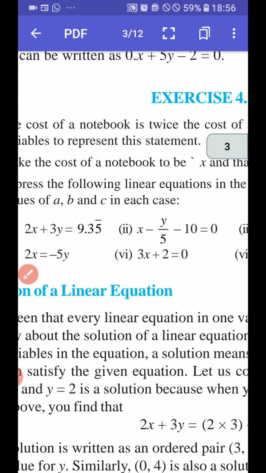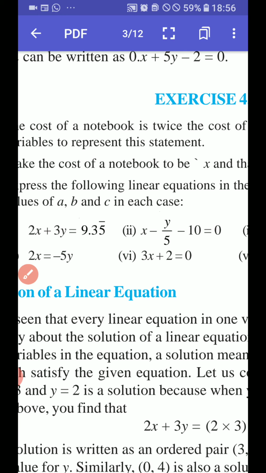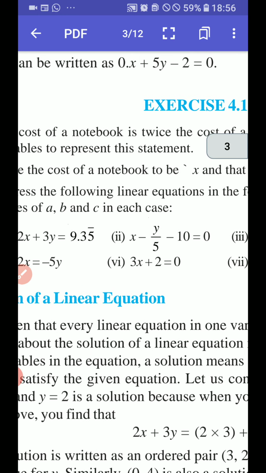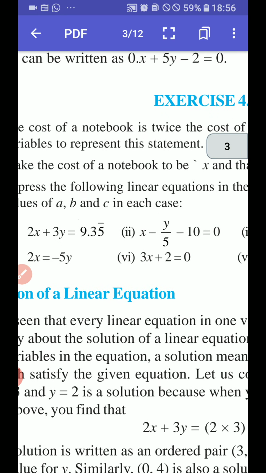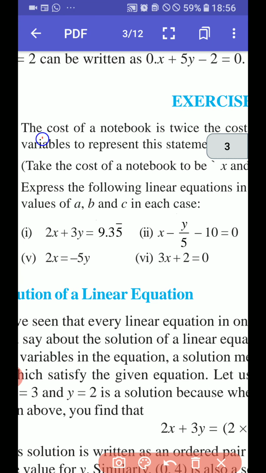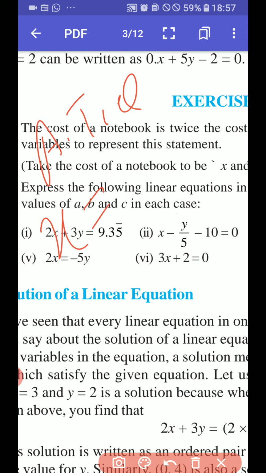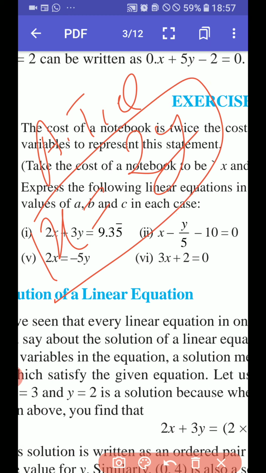You are given that the cost of the notebook is twice the cost of the pen. So therefore, according to the question, cost of notebook x is twice the cost of pen, x equal to 2y. So this is your answer.